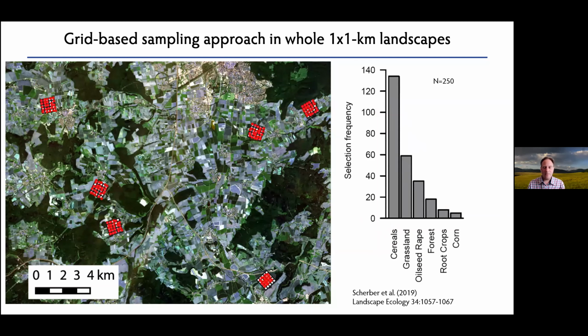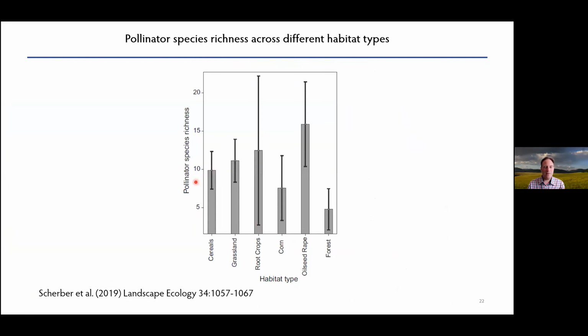And well, what you get here is, again, for each land use type, the number of species of pollinators plus the standard error, that can be quite high in some cases. And similar to the crop rotation experiment, you find strong differences between these different land use types.